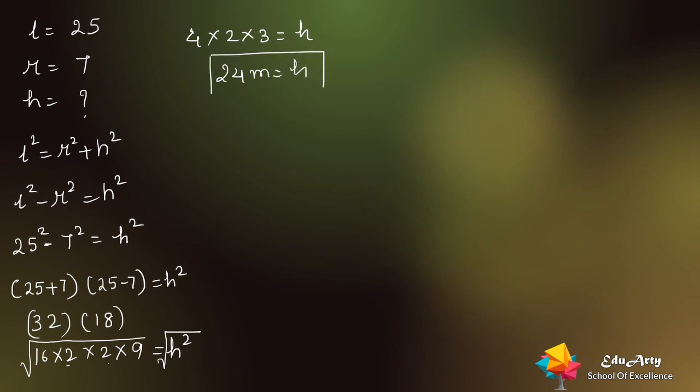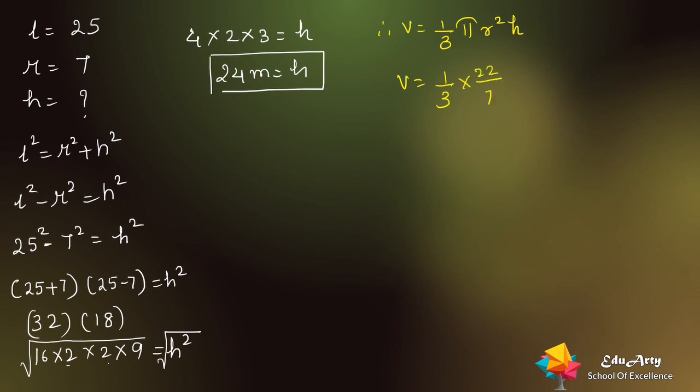Now height is there, radius is there, volume is very easy to find then. So let us say therefore volume is equal to 1 by 3 pi r square h. So volume is equal to 1 by 3. Now we have to again decide, radius is 7, so we will take 22 by 7.